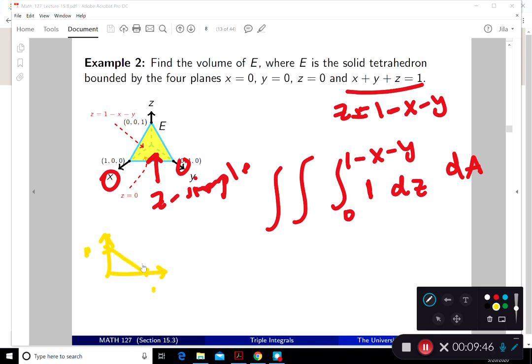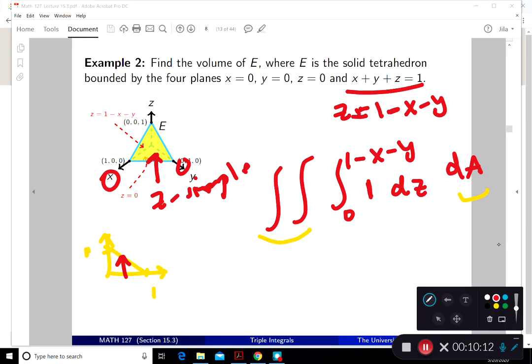Now that I have the region, I have to set up this double integral with those regions. I have to decide which one is my most inner and which one is the outer one, and I'm going to choose the y direction to be most inner.